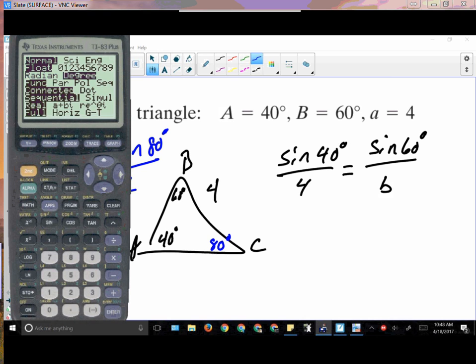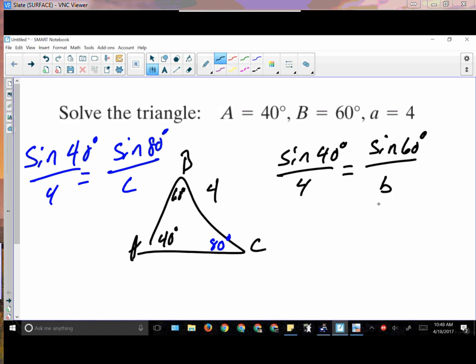So, I would take the sine of 60, enter, multiply that by 4, enter, divide that by the sine of 40. Okay. See what I mean by a not so nice number? So we could basically say that we're looking at 5.4. So B is equal to 5.4.